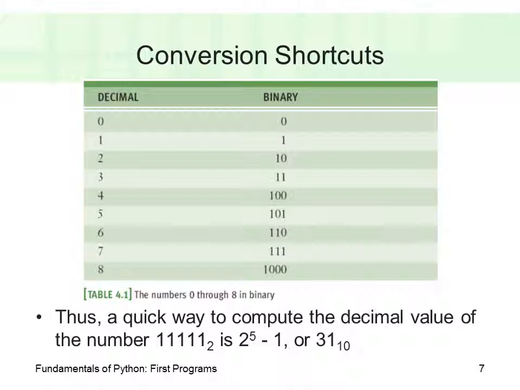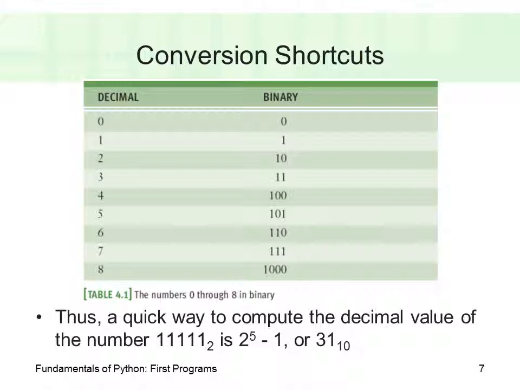Okay, so here's an example, a quick way to compute the decimal value of the number 1, 1, 1, 1, 1 base 2. So this is 0, 1, 2, 3, 4. Go one more power, 2 to the 5. 2 to the 5 minus 1. 2 to the 5 is 32, minus 1 is 31. And that's 31 base 10. So that's a quick way.